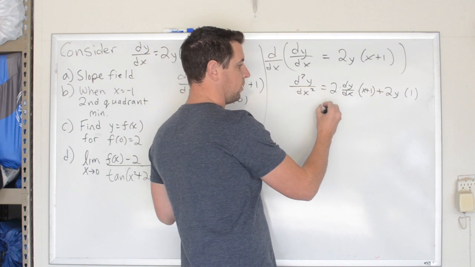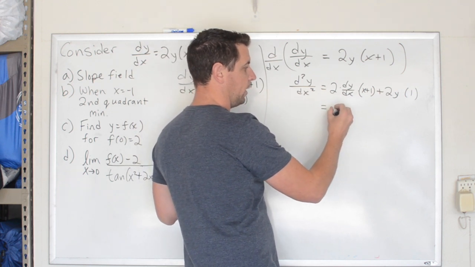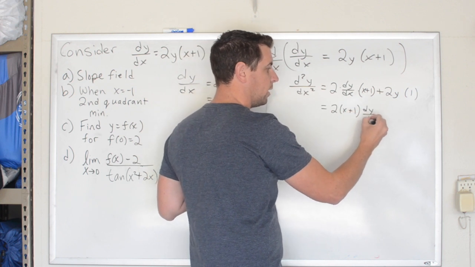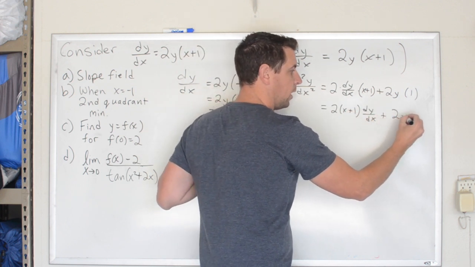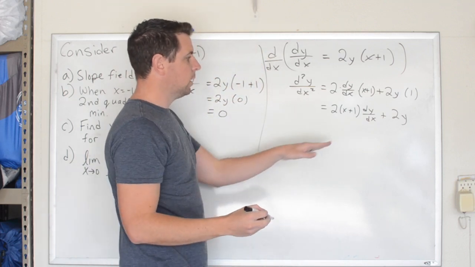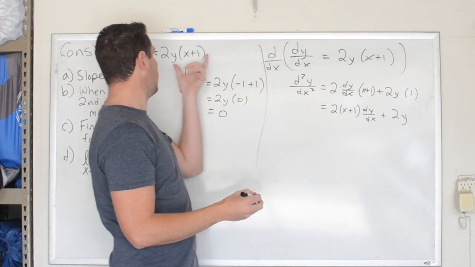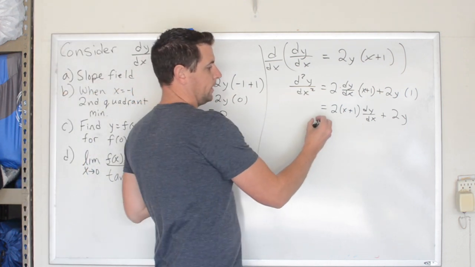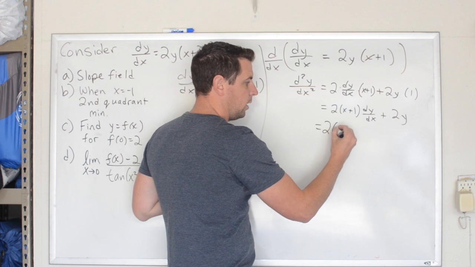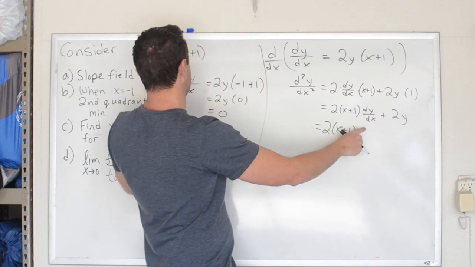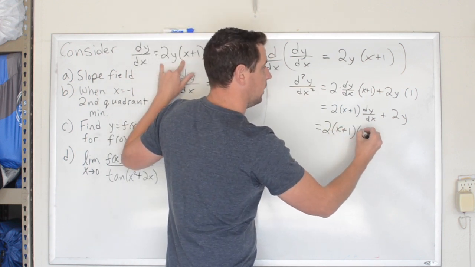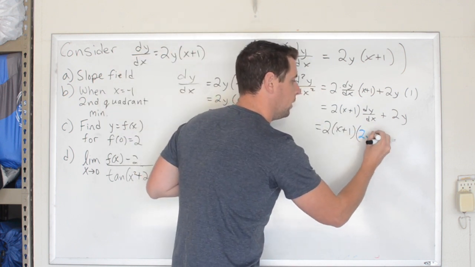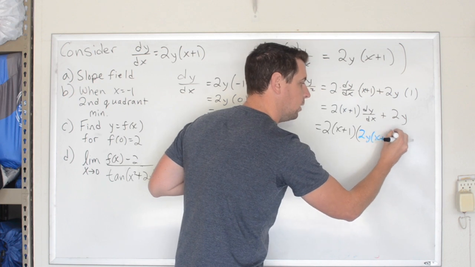We can try to simplify this a little bit. This is going to be 2 times (x + 1) times the dy/dx plus 2y. dy/dx is all of this stuff, so I can put all of that in here. So that's going to be 2(x + 1), and I substitute in dy/dx, so that's going to be, let me write it in blue, 2y times (x + 1).